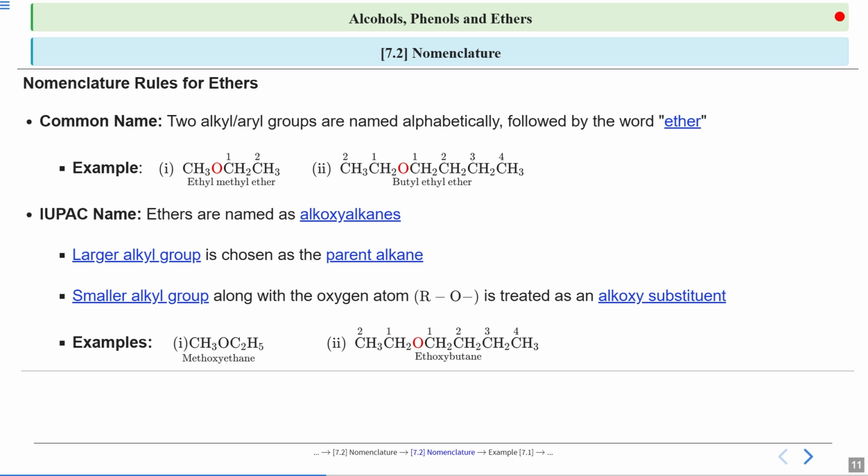So methyl along with the oxygen is treated as the alkoxy substituent, methoxy, and the parent alkane is ethane. So methoxyethane. Similarly, the second example, ethoxybutane, because butane has 4 carbons and ethoxy has 2 carbons. Ethoxy means a 2-carbon chain along with oxygen, with the ethoxy substituent present at the first carbon of butane. So ethoxybutane.